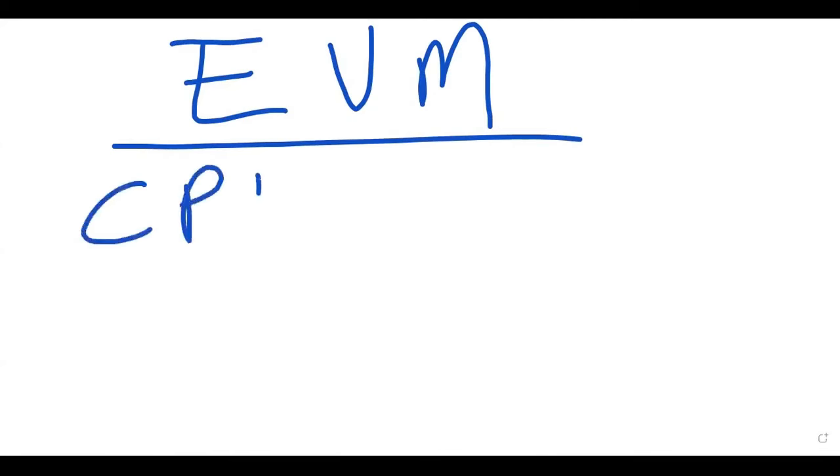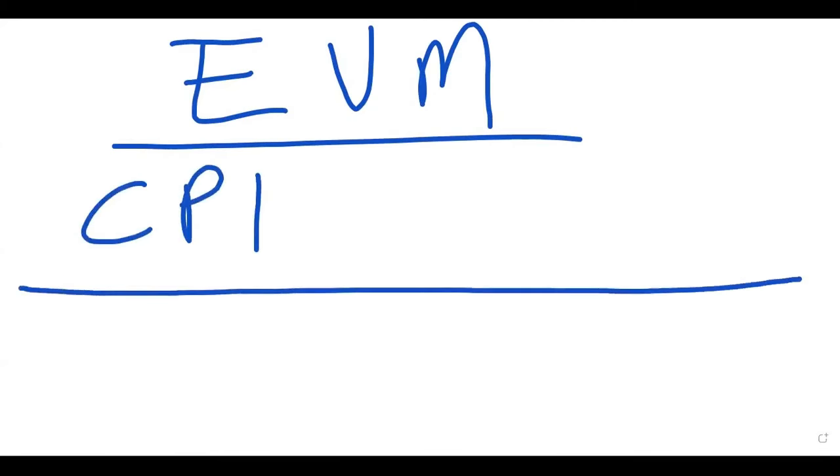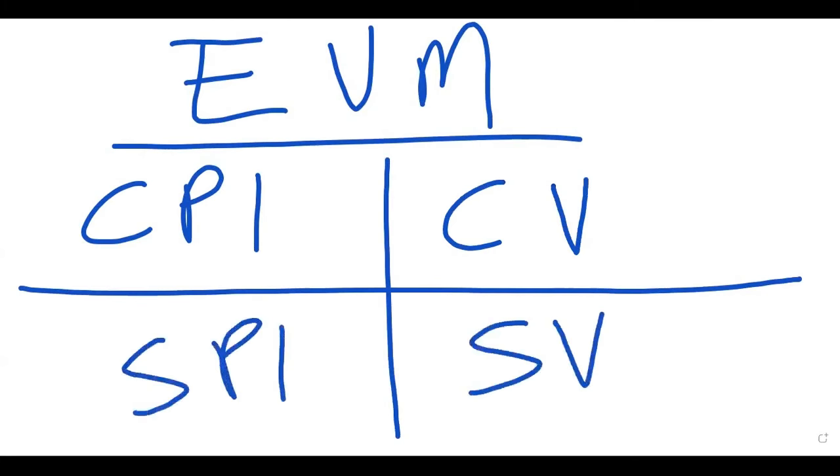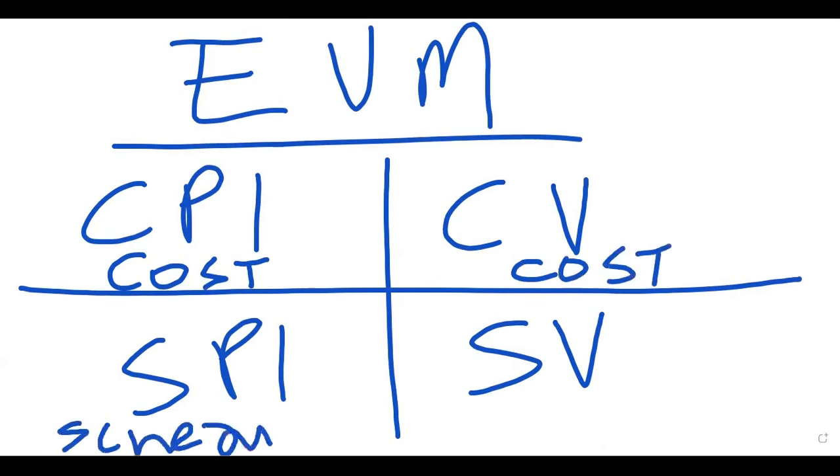The bottom line is this. You have 4 metrics: cost performance index, cost variance, schedule performance index, and schedule variance. So your metrics revolve around cost, all right? These 2 are cost, and this is schedule, just like this one, right?